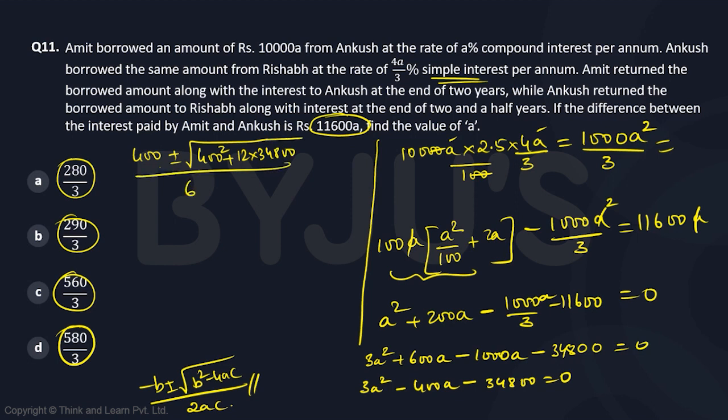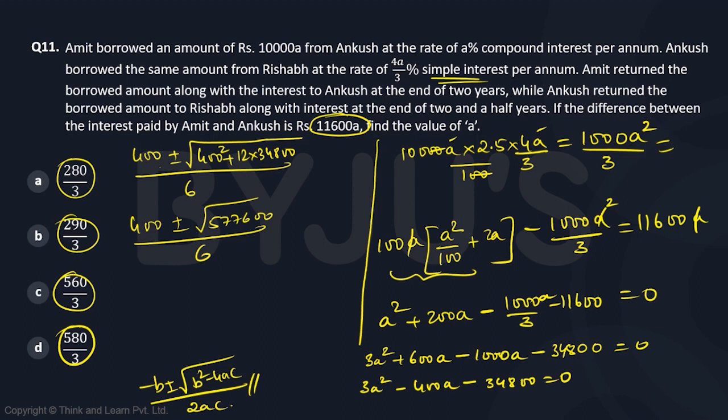So now 12 into that big number is what you have to do. So 12 into 34800 is 417600. Plus 160000 gives 577600. So this becomes 400 plus or minus root of 5776 double zeros by 6.